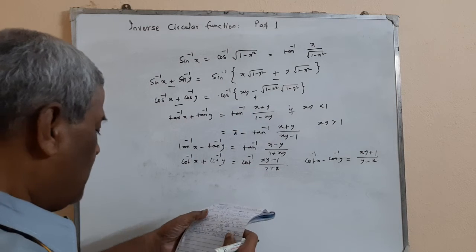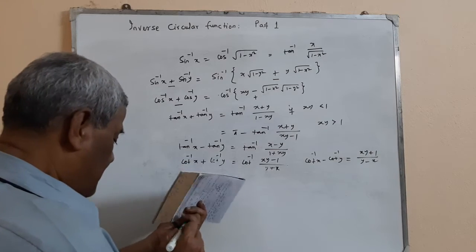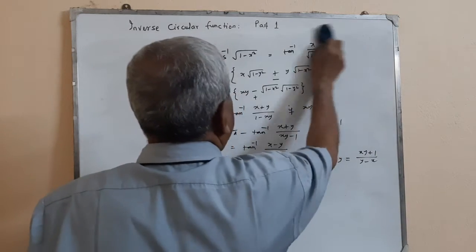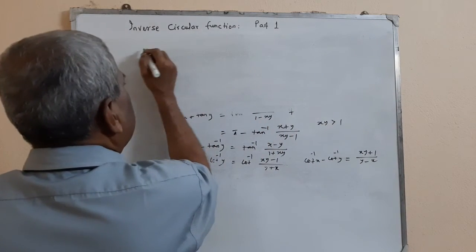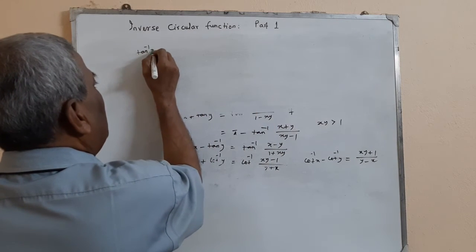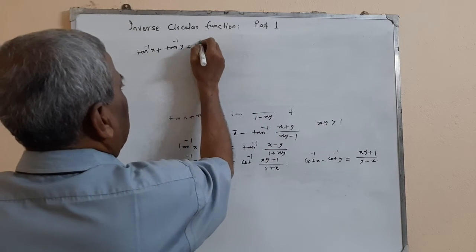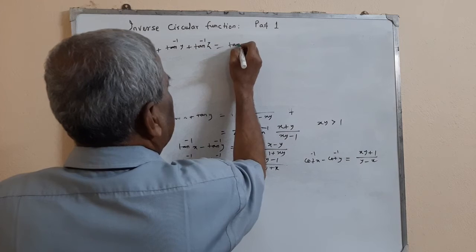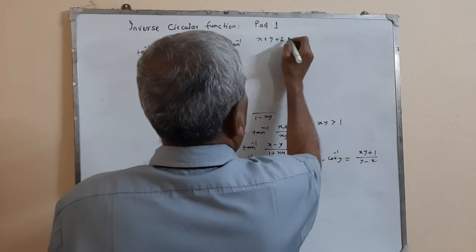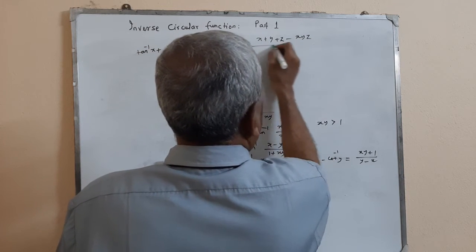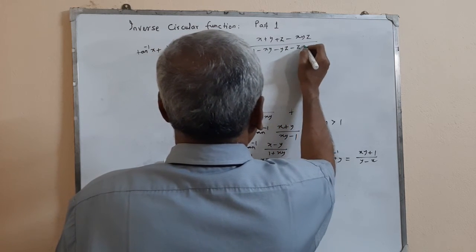And just one more formula, for three tan inverse functions, which is simply tan inverse x plus tan inverse y plus tan inverse z is equal to tan inverse of x plus y plus z minus xyz by 1 minus xy minus yz minus zx.